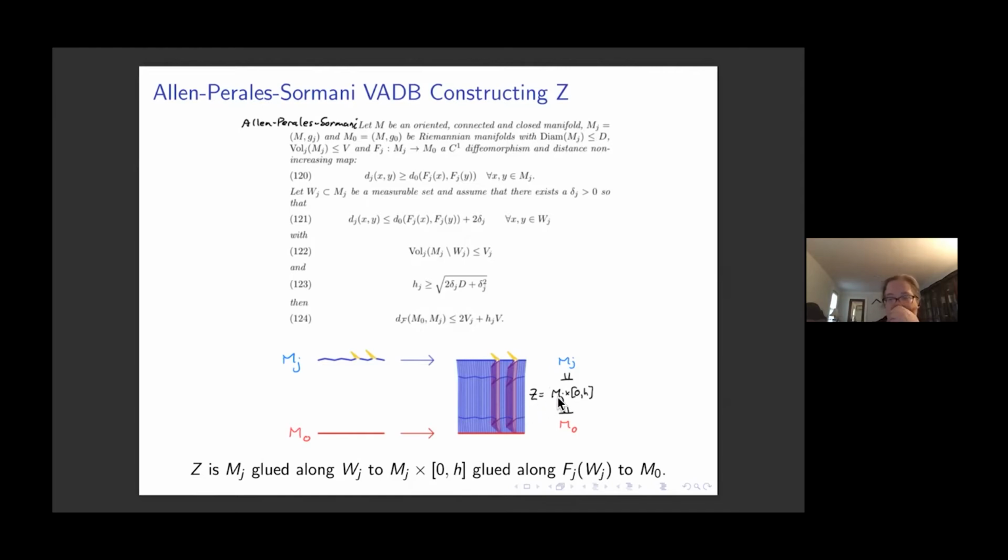So that will be our MJ cross 0H, which gives us HJ V as our upper bound on the mass of B. And then we're going to have boundary parts, and we estimate that the boundary parts, well, we're going to have a boundary part down here and a boundary part going up here, and we'll have boundary parts going down here and boundary parts going up here, and those will cause a 2VJ, where VJ was basically the volumes of the wells that are yellow. It's double them because we didn't attach them.